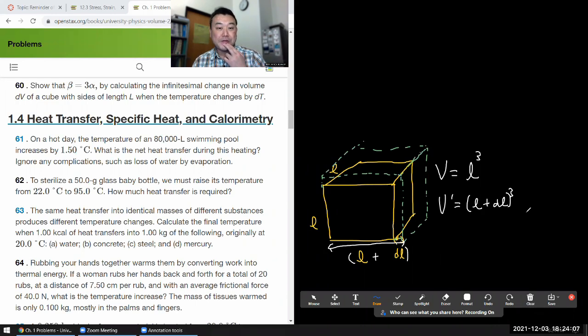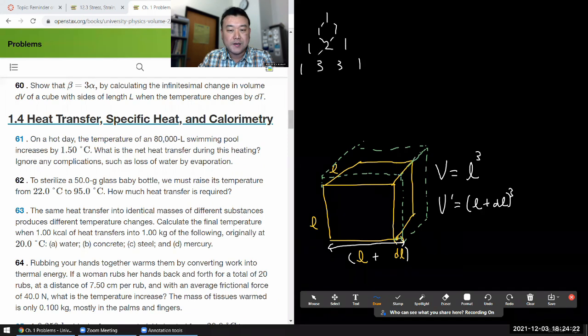Now, I happen to have memorized something called binomial coefficients. It comes from, I think it's called Pascal's triangle. You might have seen something that looks like this. This is the sum of these, this is the sum of these, and I can keep going.